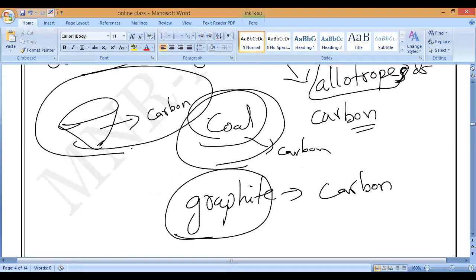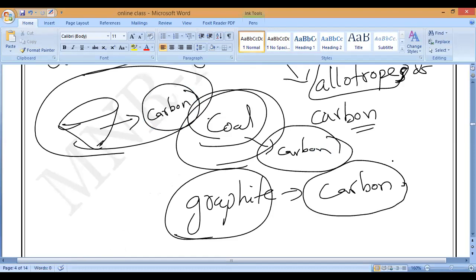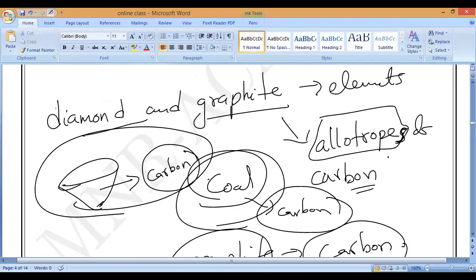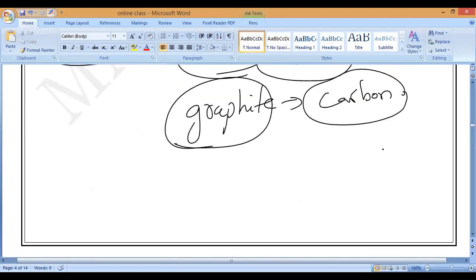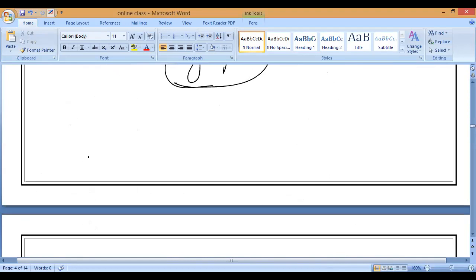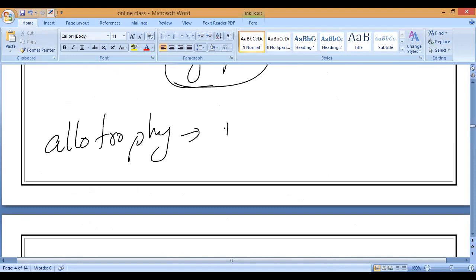All things are made up of the same element, carbon. So the chemical composition is the same, but the physical appearance is different. That is called allotropes. The property is called allotropy.